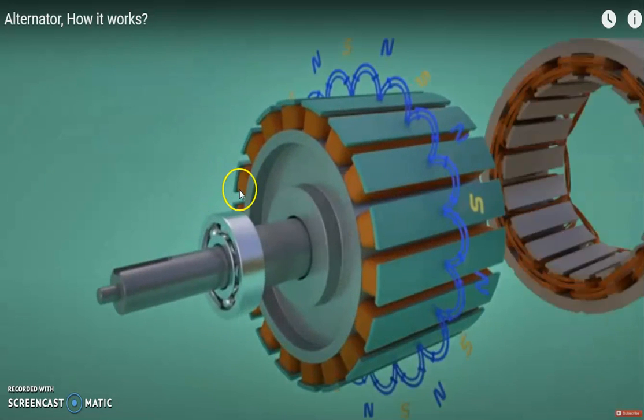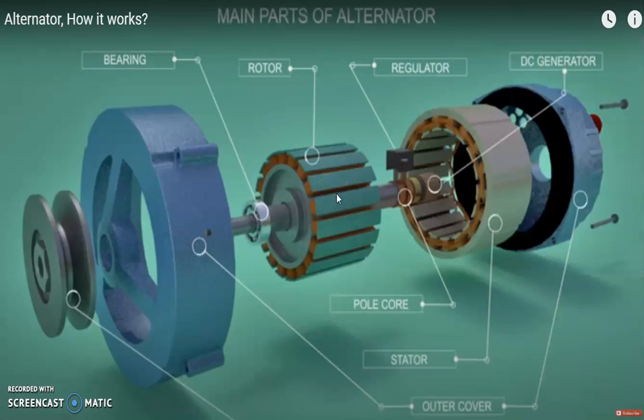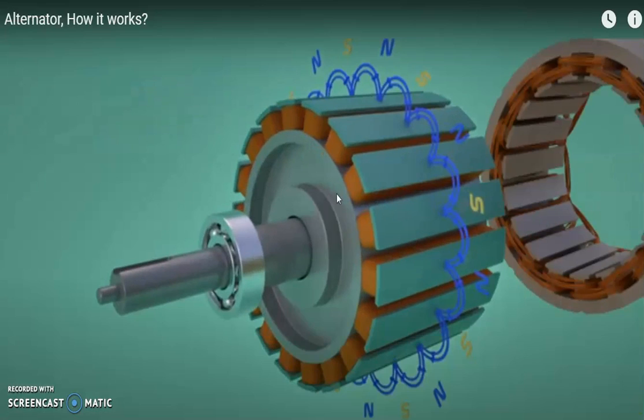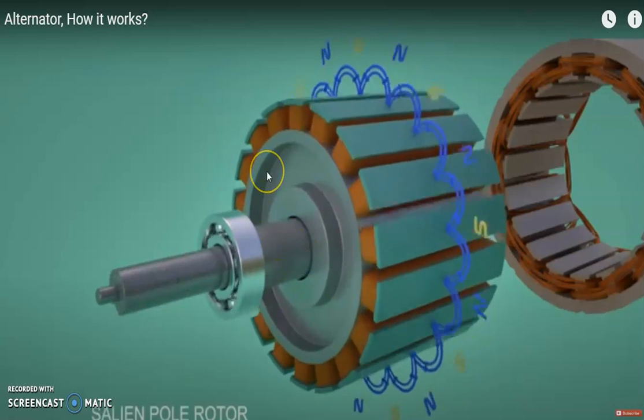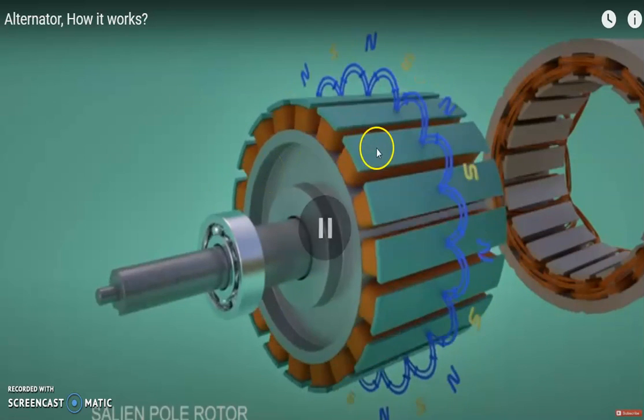Now we will first see the principle of working of the rotor side, that is the rotor construction. As we saw in the previous lectures, the rotor has two types: salient pole rotors or cylindrical type rotors. Here you can see we are considering the salient pole rotor.